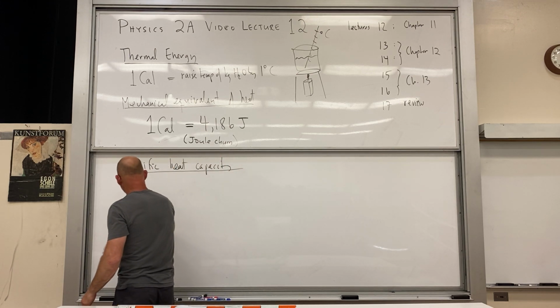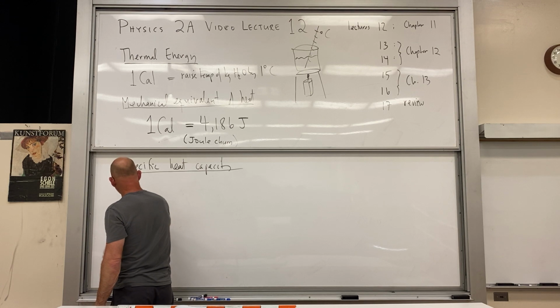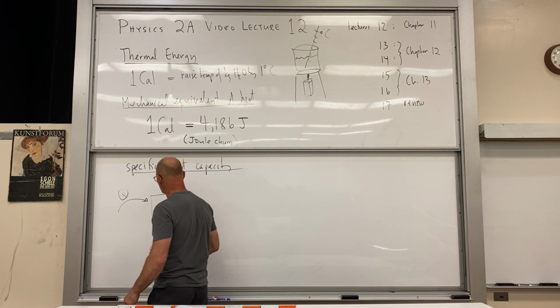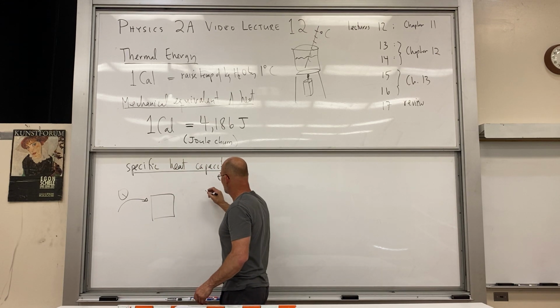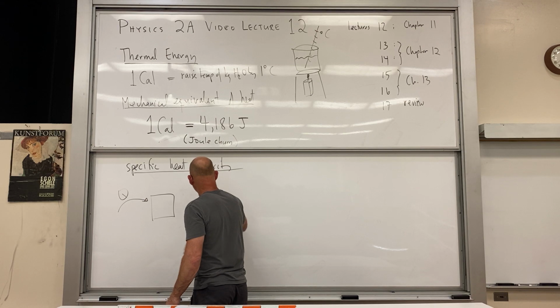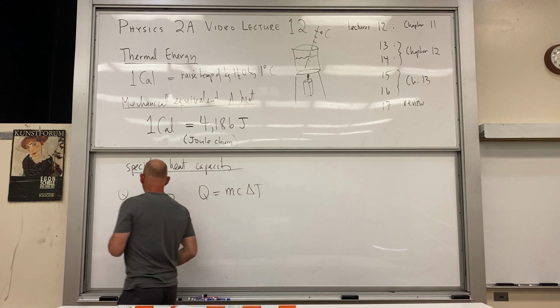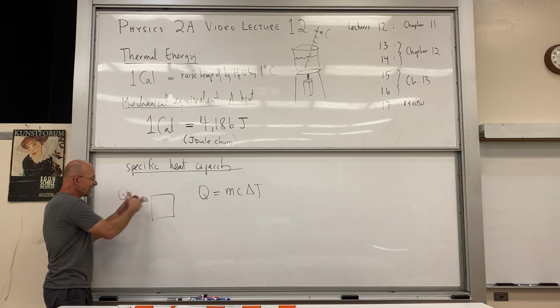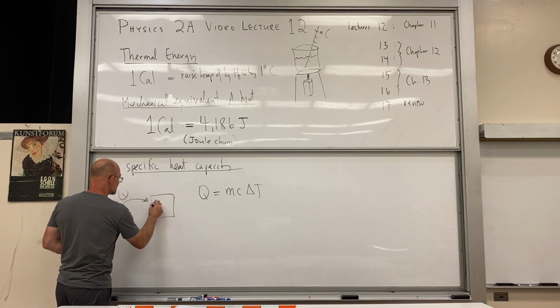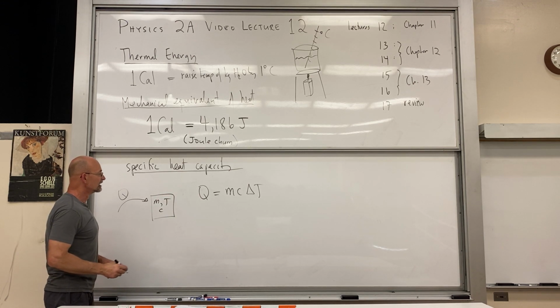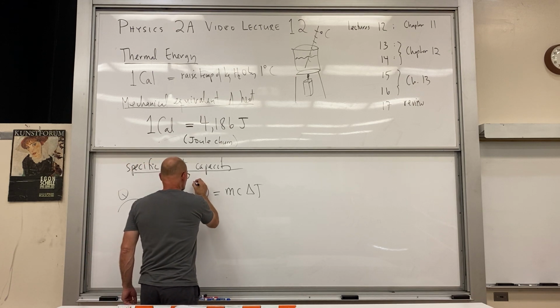And I always like to have a cartoon here that, say, I'm putting some heat, I use the letter Q, into some object here, and we say that Q is equal to mc delta T. So that thermal energy is going to raise the temperature of this object here. It's got a mass and it's got an initial temperature. It's got a specific heat capacity. So this is the basis of calorimetry.